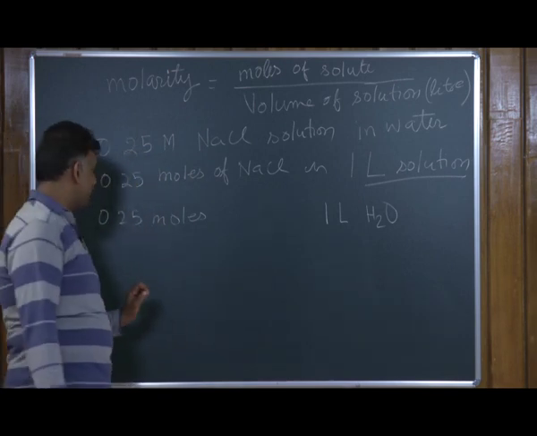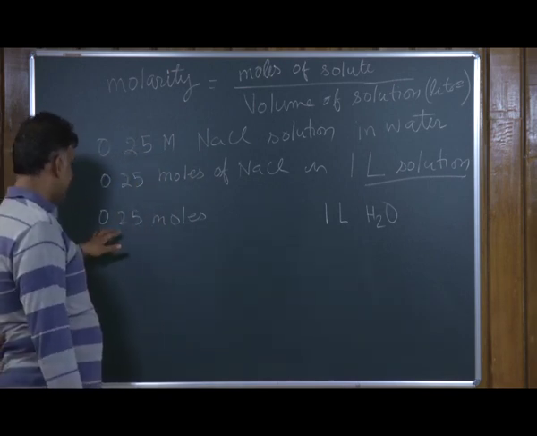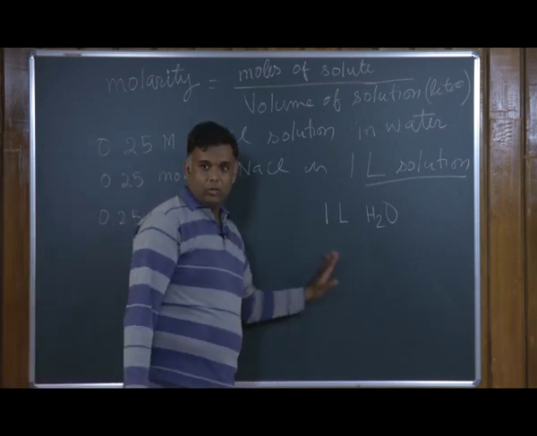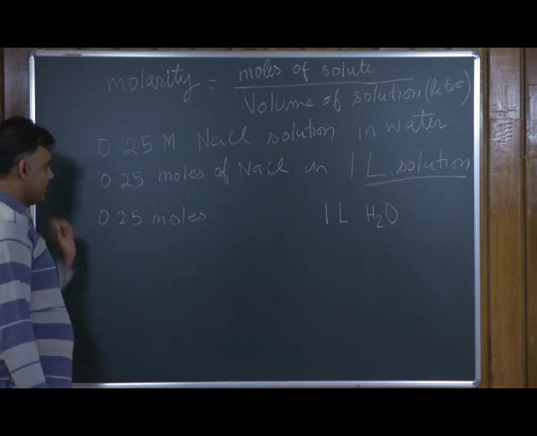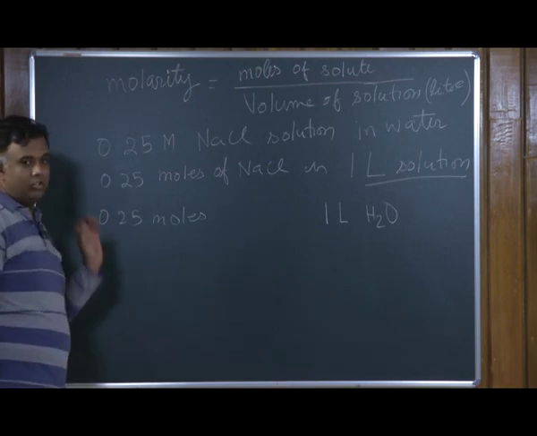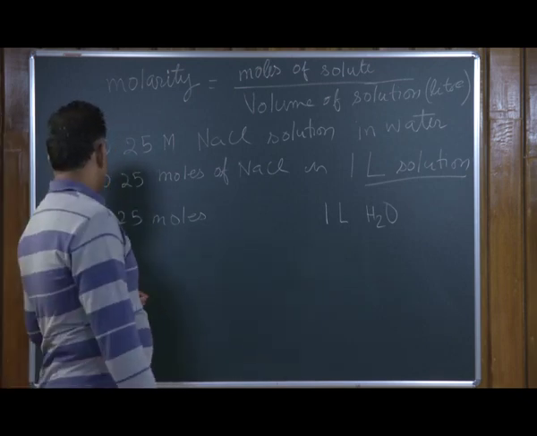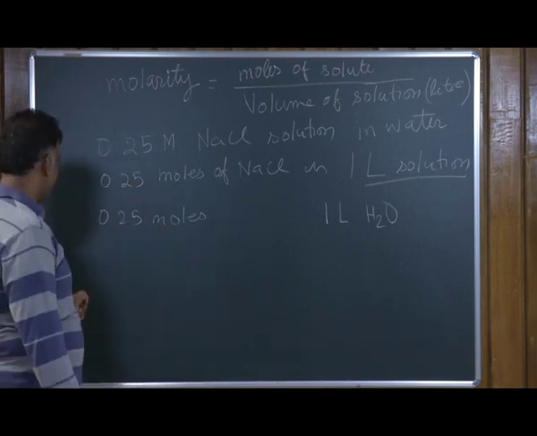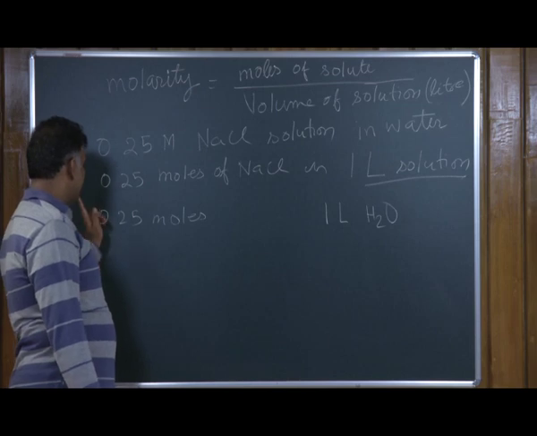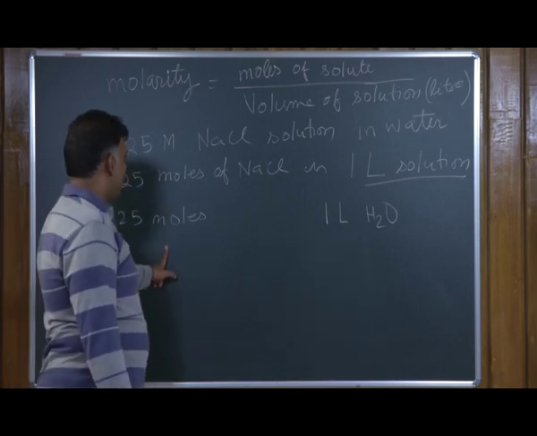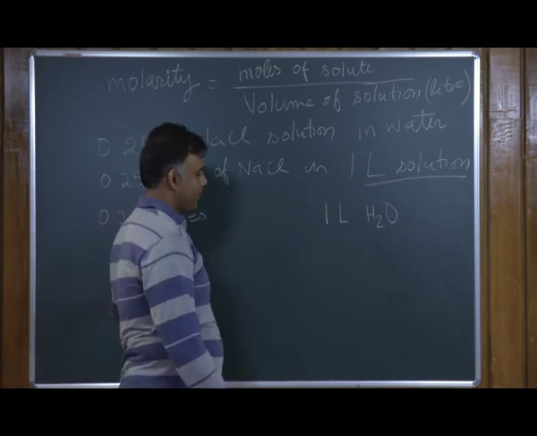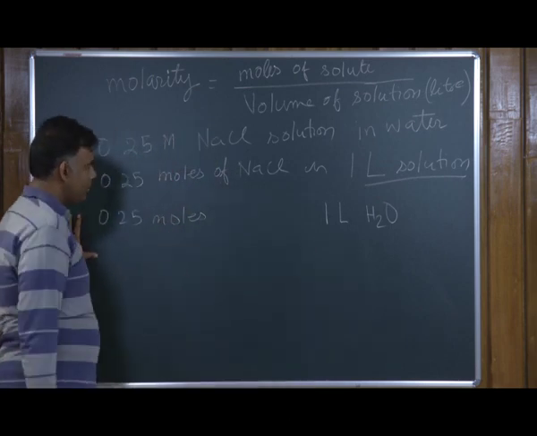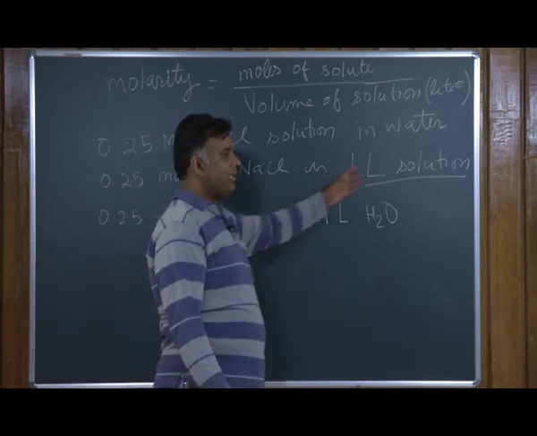It may be a very minute change. For all practical purposes, I can still consider 0.25 moles in 1 liter H2O as a 0.25 molar solution, but strictly speaking, it is not a 0.25 molar solution. We have to make sure that we are adding 0.25 moles of NaCl in 1 liter solution.